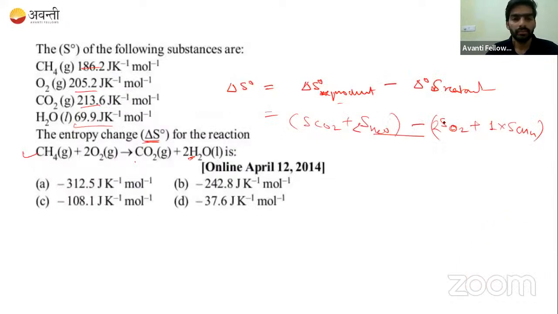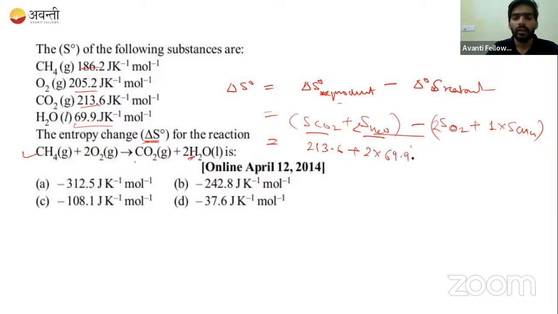What answer will we get here? Just calculate and see how much answer you are getting. Simply, entropy of CO2 is 200.6 joule per Kelvin, plus for H2O you multiply 2 into 69.9.